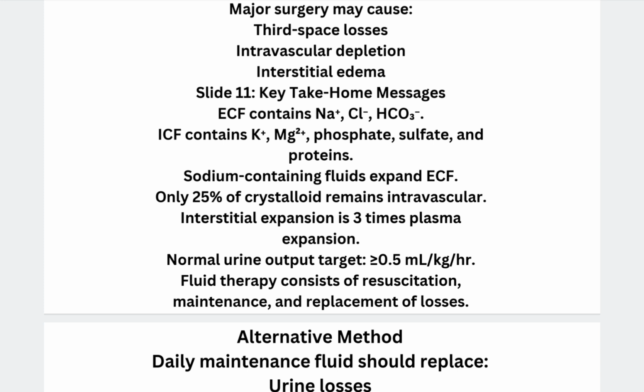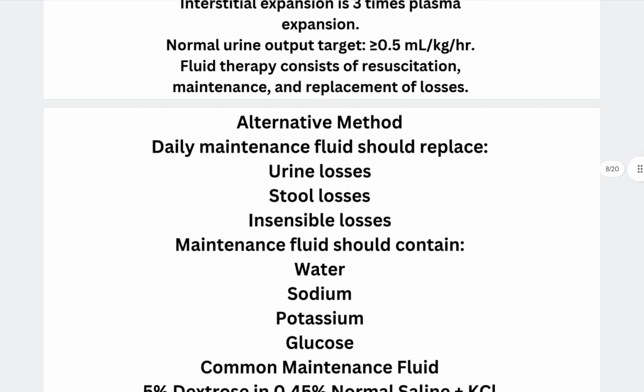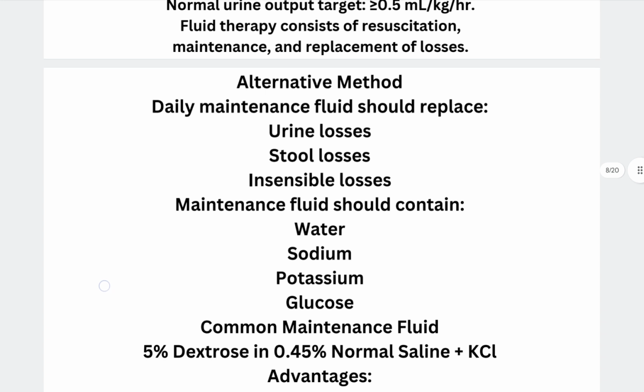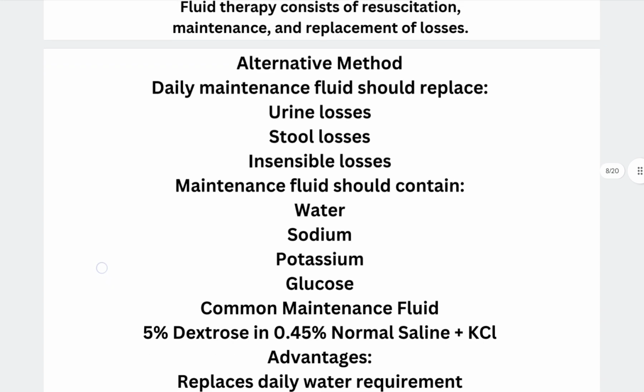Our fluid therapy consists of resuscitation, maintenance, and replacing ongoing losses. Daily maintenance fluid should replace the urine losses, stool losses, and insensible losses. Insensible loss is 600 ml per day.